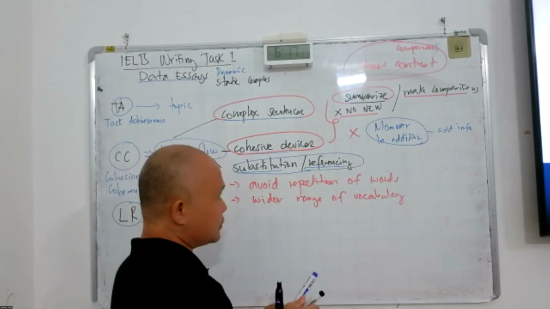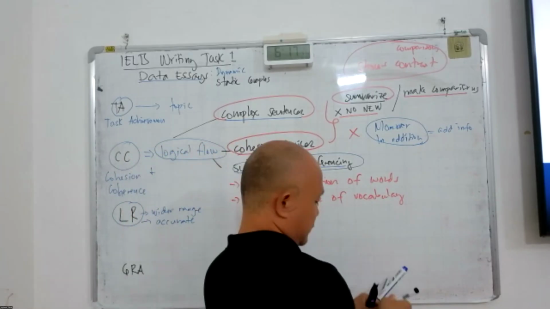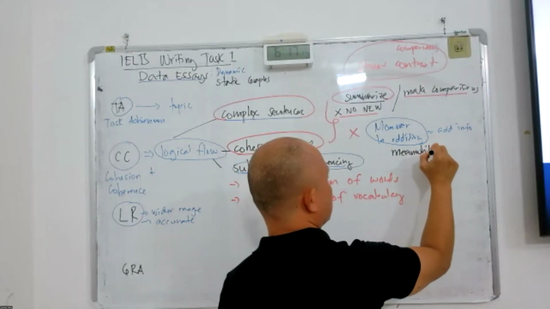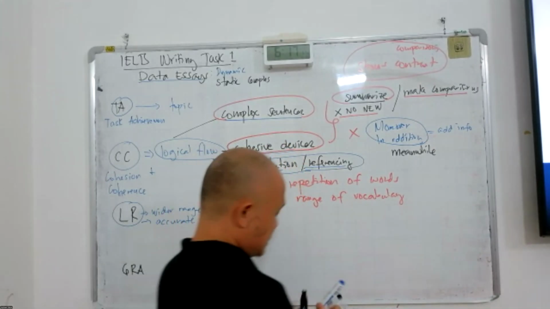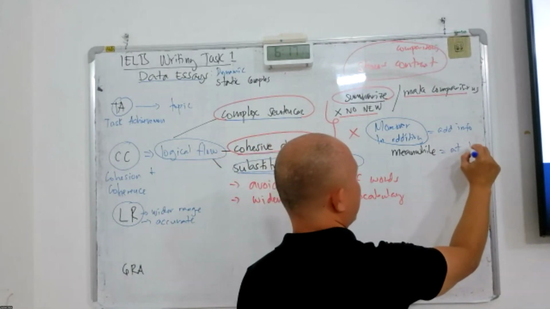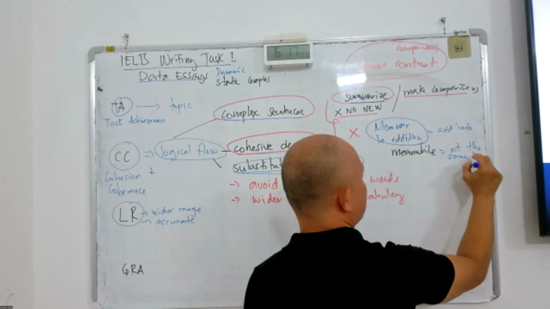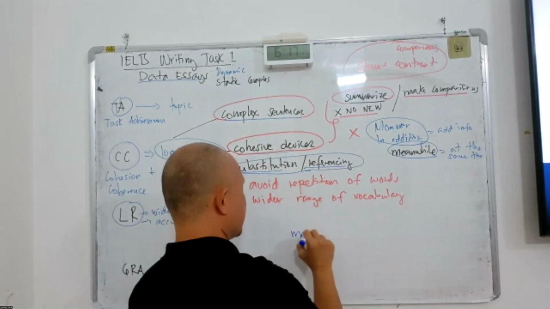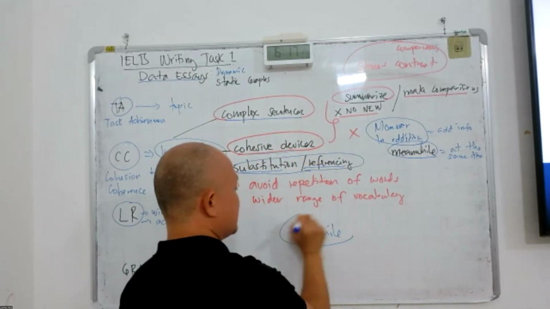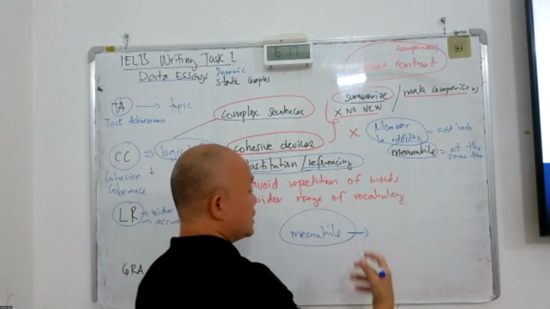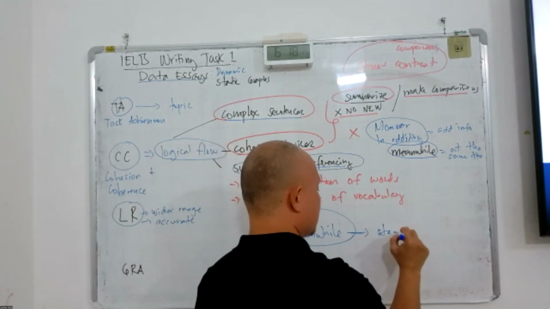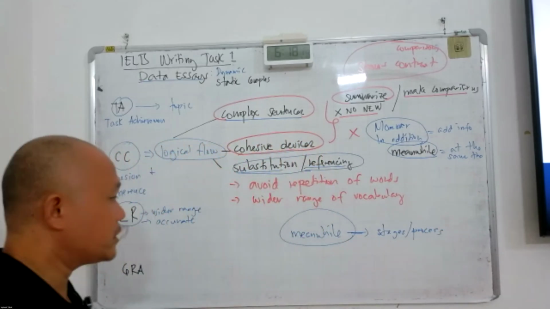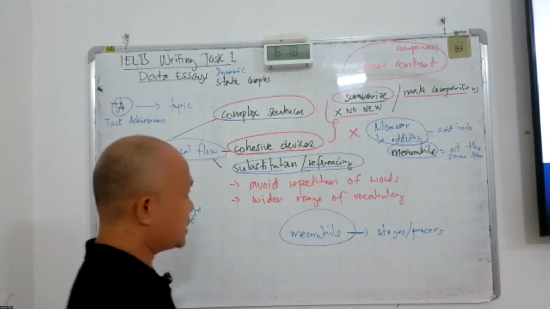Other things that most students use are, for example, the word meanwhile, all right? This is very common. Meanwhile here means at the same time. Now, this word must be effectively used in describing stages or processes, so this must be reserved for process diagrams.